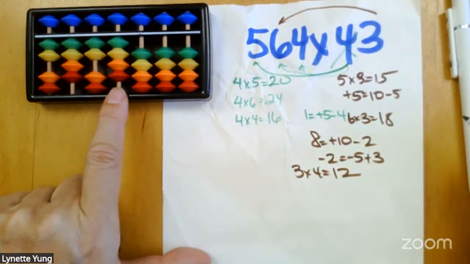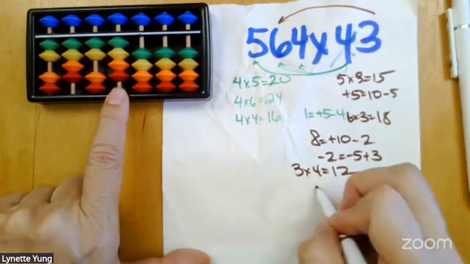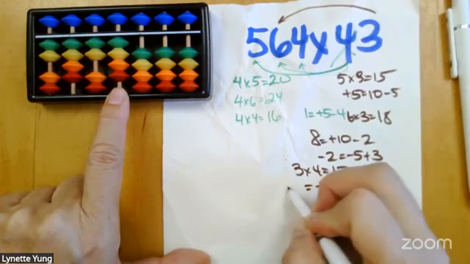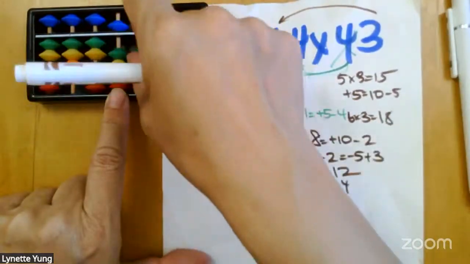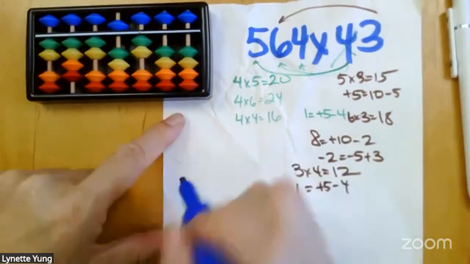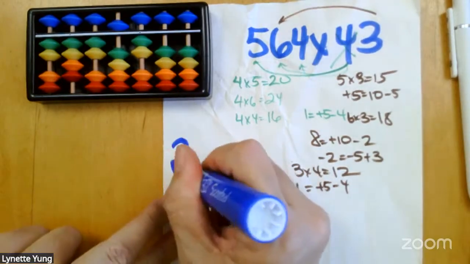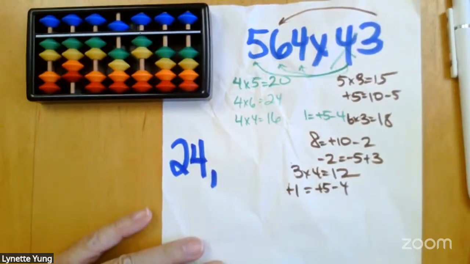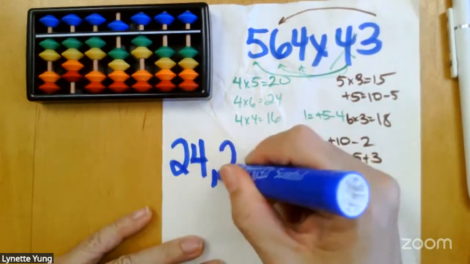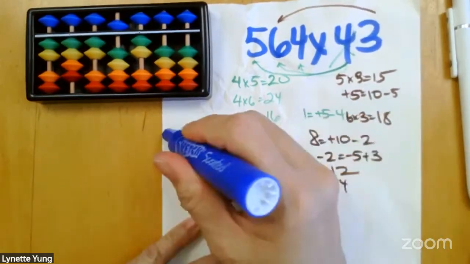So you're going to add the 1, which is going to force you to bring the 5 down, subtract the 4, and then add the 2. What is your answer? I have 24,252.